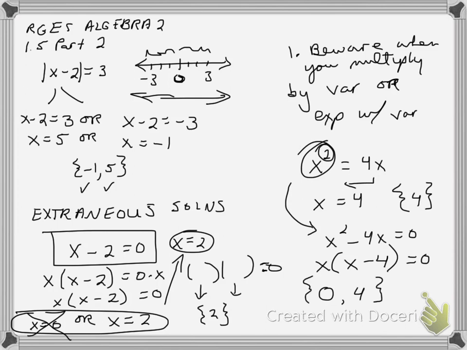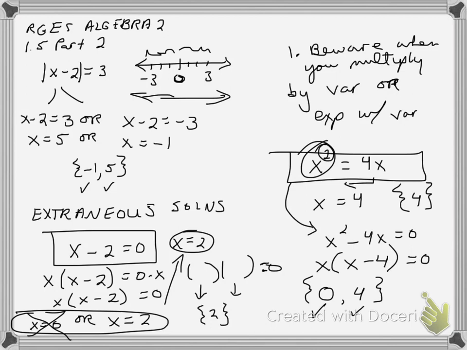Are both of these correct? Well, you have to go back to the original equation. If I plug in 0, I'm going to get 0 equals 0. That is a true solution. And if I plug in 4, I'm going to get 16 on the left equals 16 on the right. Both solutions are correct, but if I did this method of dividing both sides by a variable or an expression with a variable, I lost one of my solutions.